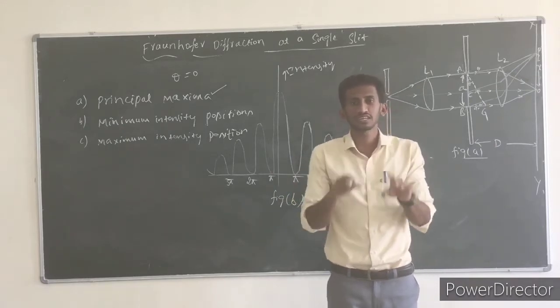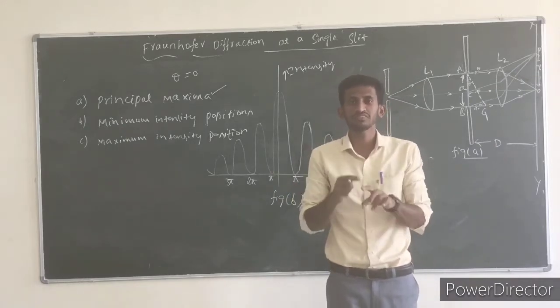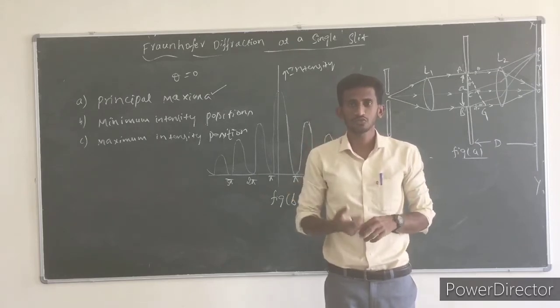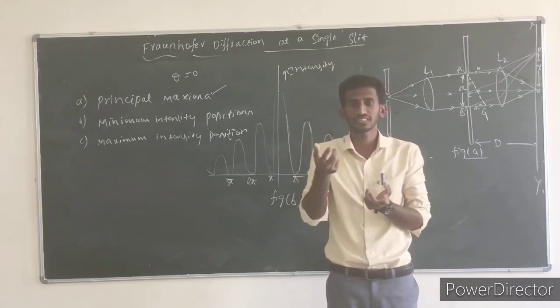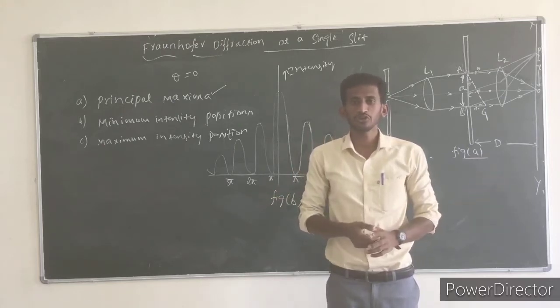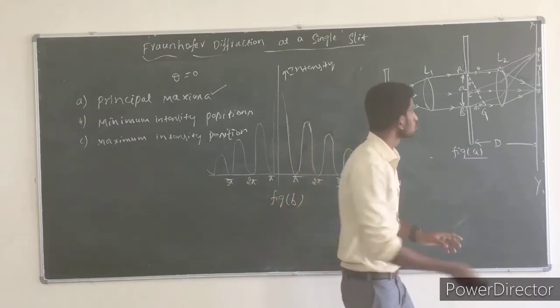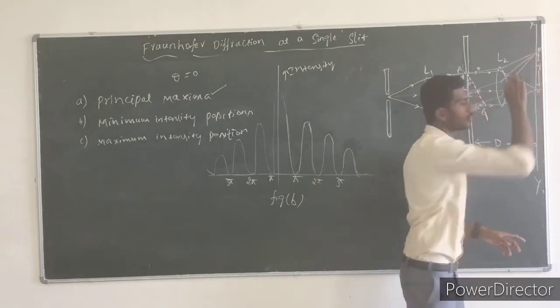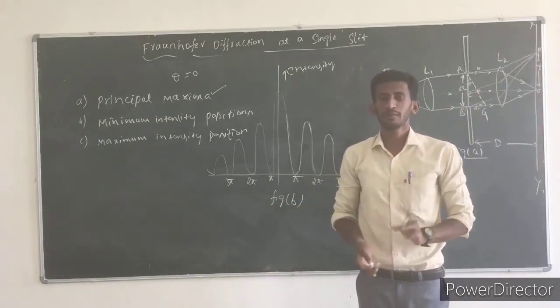When interfering constructively, the amplitude will increase. The intensity is directly proportional to amplitude square. We already discussed that. So this position is called the principal maximum.